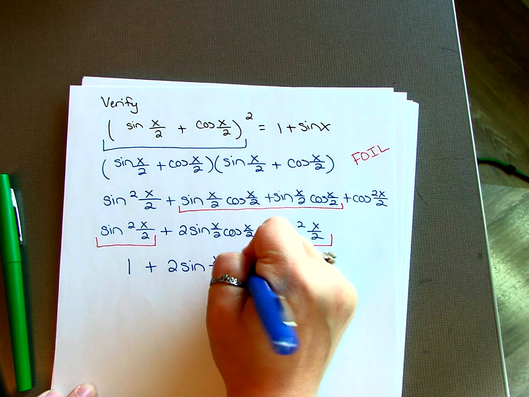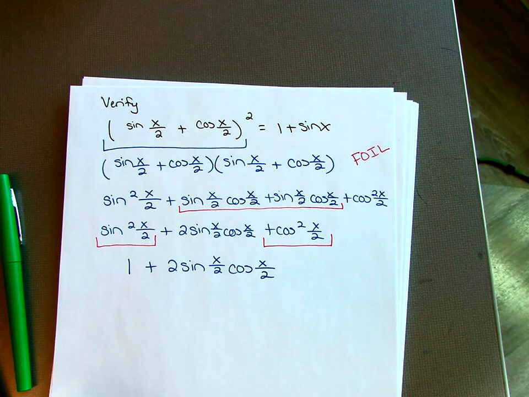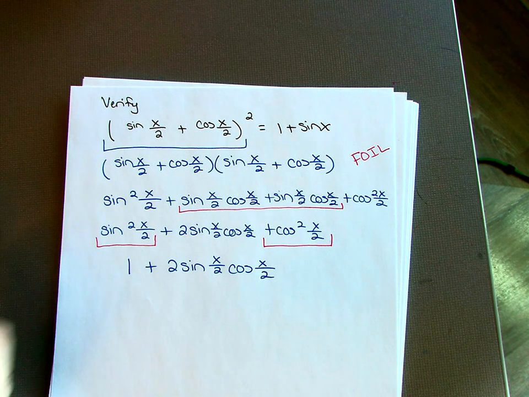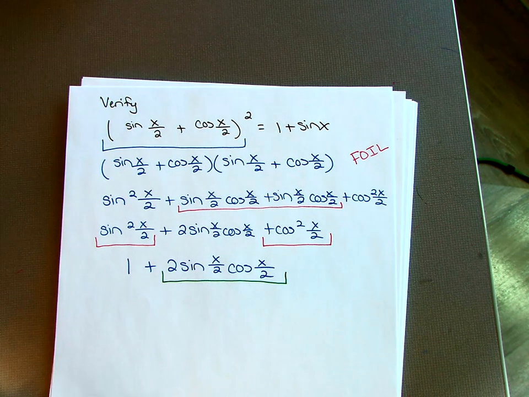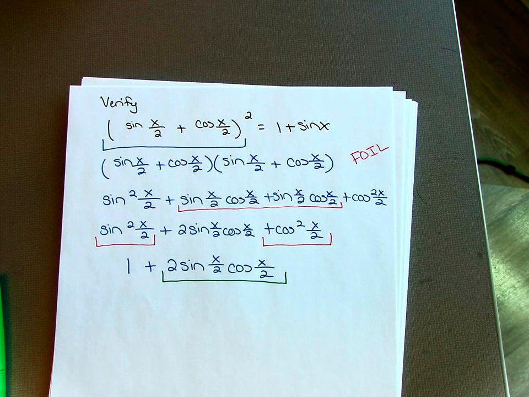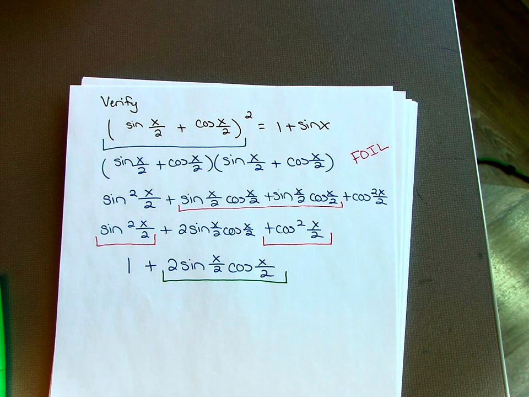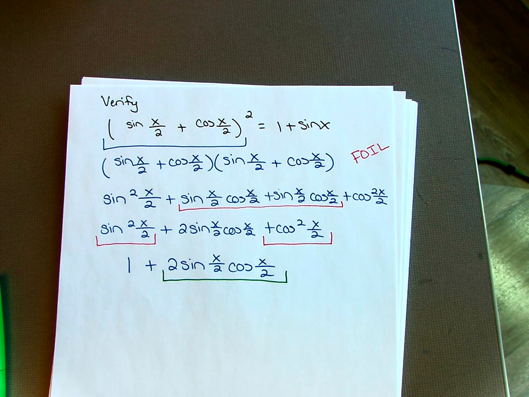We're getting really, really close. Now we need to figure out, what does this 2 sine x over 2 cosine x over 2 look like? I'll give you a hint. It looks like something we learned in 5.5, which was called the double angle identity.